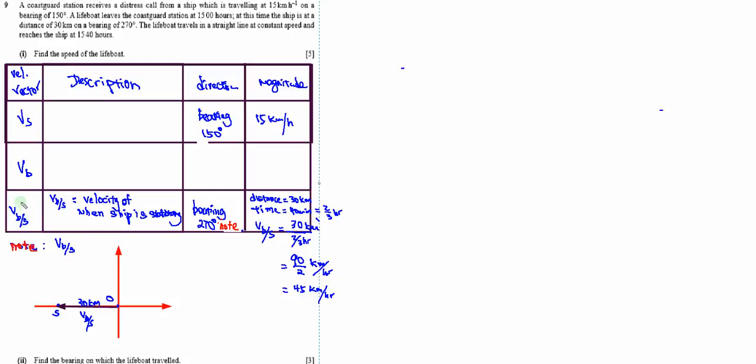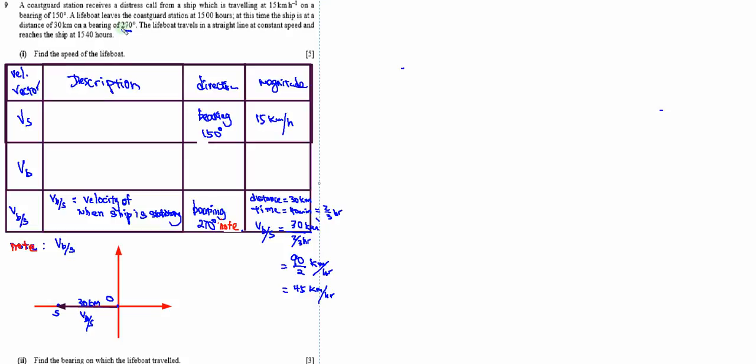Since the statement says they will intercept each other, VBS means the boat will travel from the station at 270 degrees to the ship. Assuming the ship remains at the position of 30 kilometers on a bearing of 270.